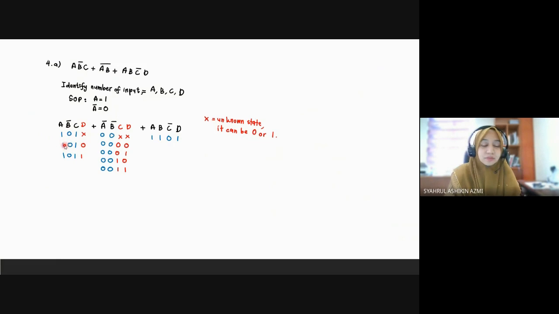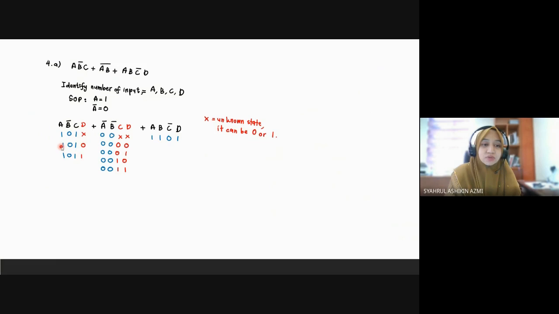And then for the existing input variables, A, B bar and C, following this SOP, we write up the expression, so it will be 101. As for D, the unknown variable, we put X, which can be either 0 or 1.